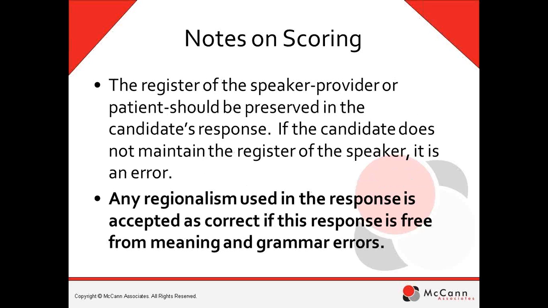If the test taker fails to maintain the register of the speaker, the provider or the patient, it's an error and should be scored accordingly. Any regionalism used in the response is accepted as correct if the response is free from meaning and grammar errors.